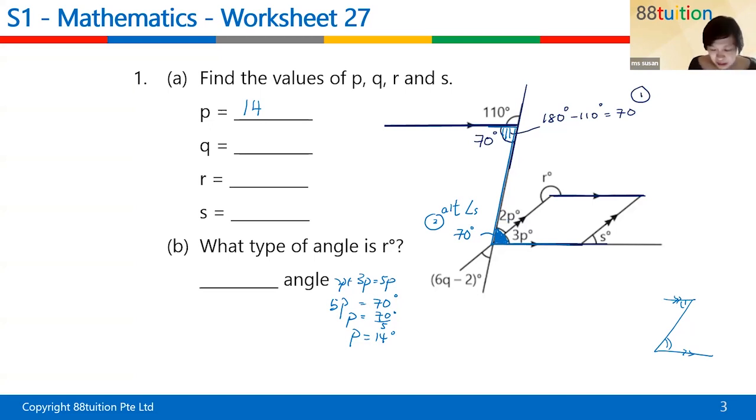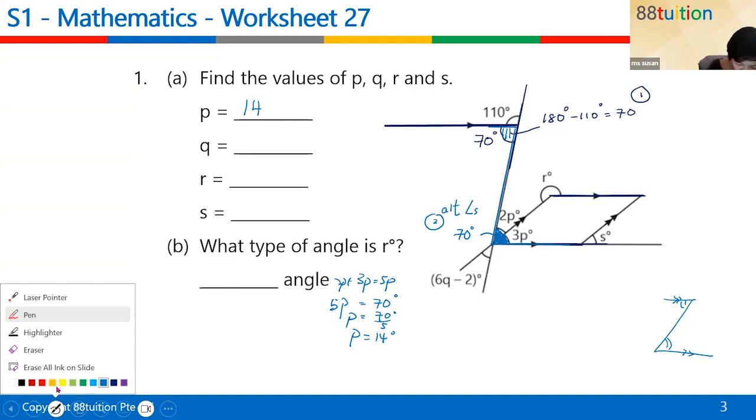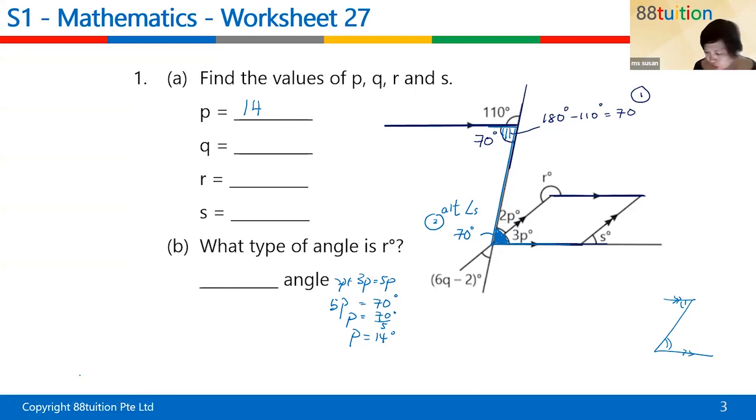Now having done that, I want to proceed to find q. Where's my q then? You see my q here. If you look at the green line I'm doing now, I have this one and this one involving q. So I need to have this angle.